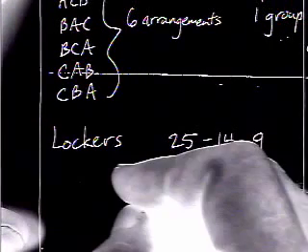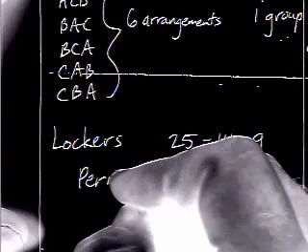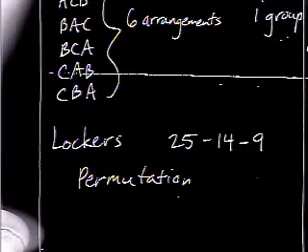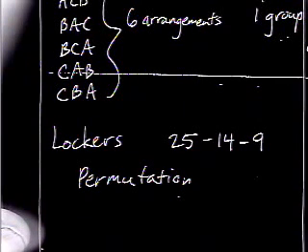So this is a locker permutation. So I have petitioned the administration to change the name from locker combinations to locker permutations, because really they have it all screwed up, and we would like to be correct. And so, here in the math department, we would like them to change that.